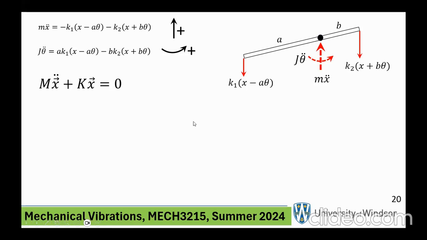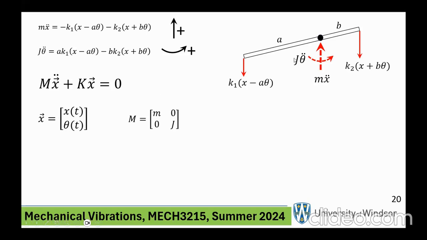Now, if you write this thing in matrix form, it's going to be the mother of all equations, M vector x double dot plus K vector x. Now remember, vector x has two components in it. One of them is literally displacement vertically up, and the other one is rotation counterclockwise. So just be careful that vector x is not all translation.